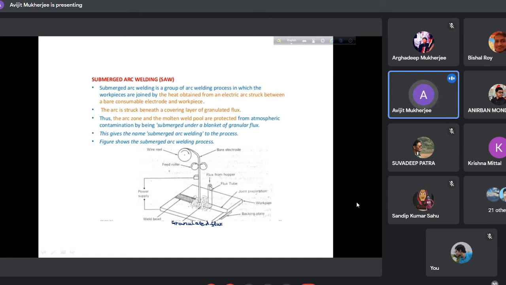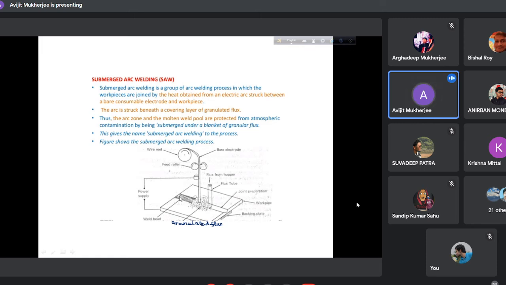So this flux material is provided, and you just imagine, if you cover some portion with a handful of sand, you can't see what is happening inside. It is covered with sand. Just like that, some flux or granular material is provided here.